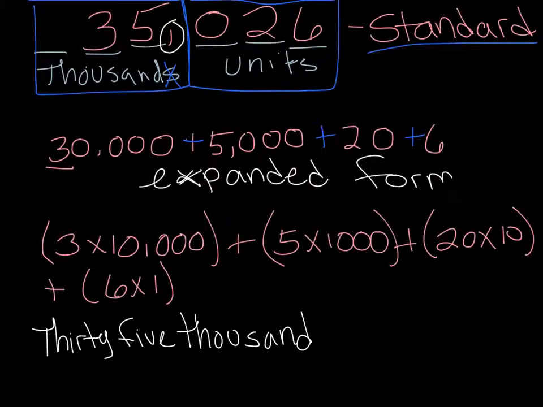Remember, there's no and, so we just write 26. 35,026. When you're writing in word form, it's really important that you read the number you wrote in word form and then go read the actual number in standard form and make sure you're saying the exact same thing. If you're saying something different, you need to go and figure out what it is that's different and make that change.